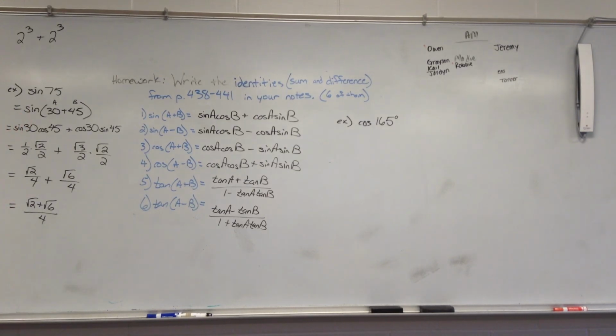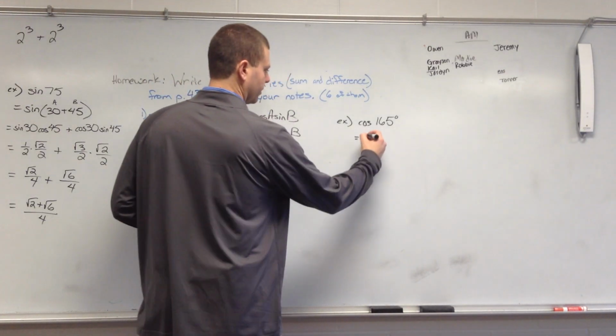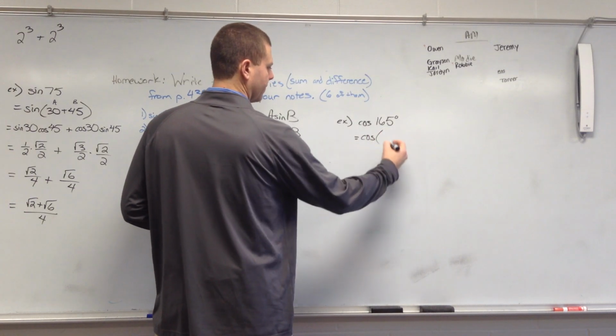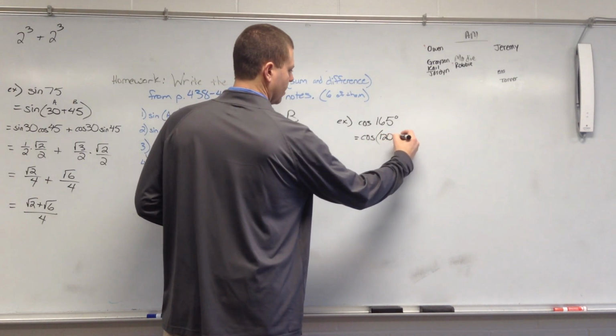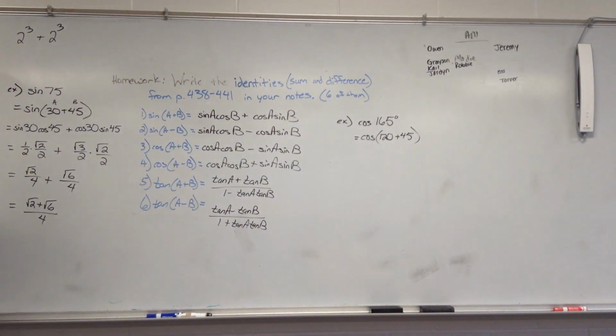There's not just one way to get your answer. I heard Derek's first. You said cosine of what, Derek? 120 plus 45. If you want to use your 135 and 30, Bailey, and watch how it still works out to the same answer, you are definitely welcome to, or if anybody else wants to. It really doesn't matter.